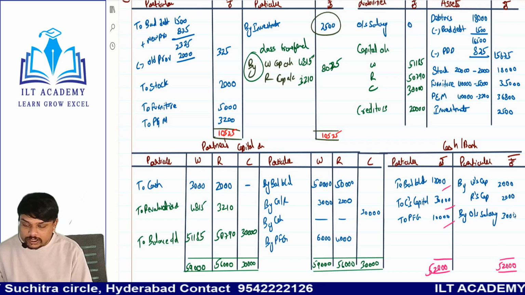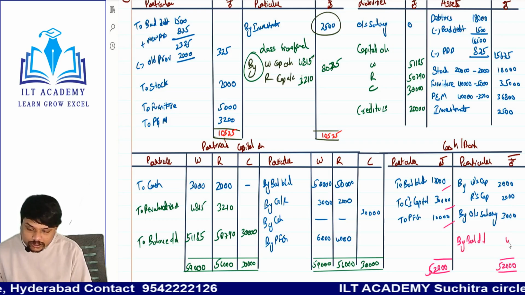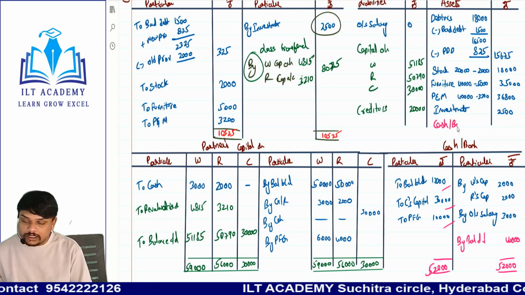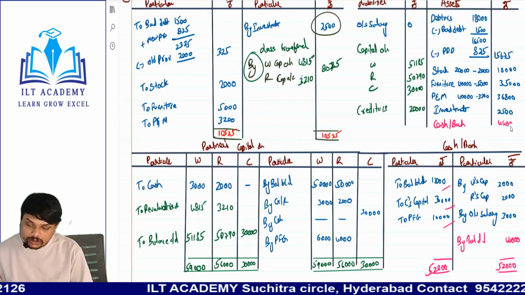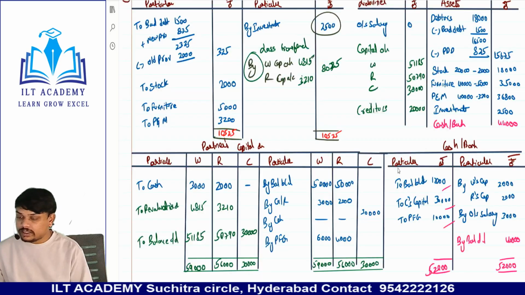And on this side, if you see 8,000, so there will be a balance carried on of 44,000. Done. Now we have done this.